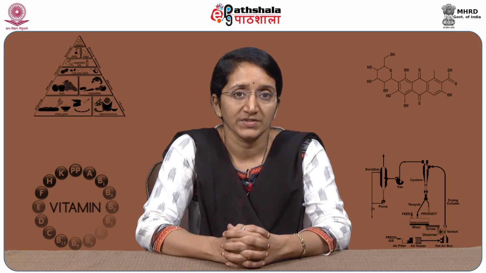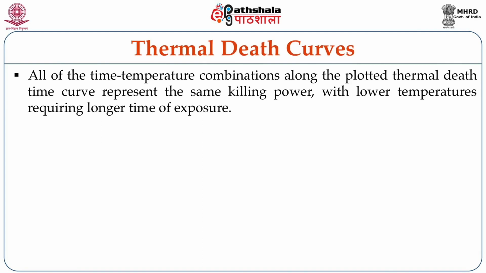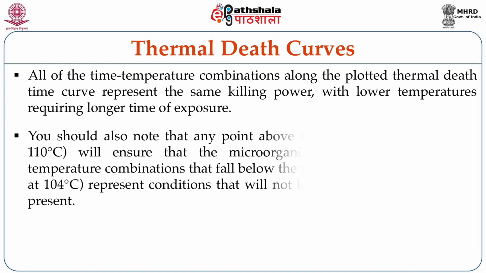variety of temperatures. All of the time and temperature combinations along the plotted thermal death time curve represent the same killing power, with lower temperatures requiring longer time of exposure.